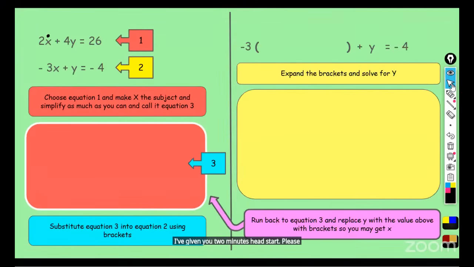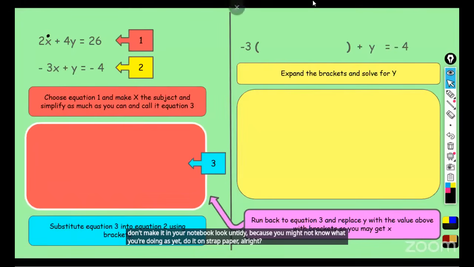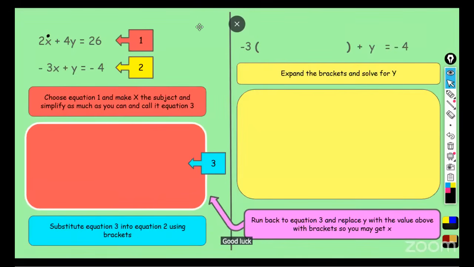Please don't fold your arms and say, I'm not going to do anything until Sir starts. Give it a try, right? If you want to do it on scrap, so you don't make your notebook look untidy because you might not know what you're doing as yet, do it on scrap paper, all right? Good luck. And in 2 minutes, I'm going to jump in to work out the question.